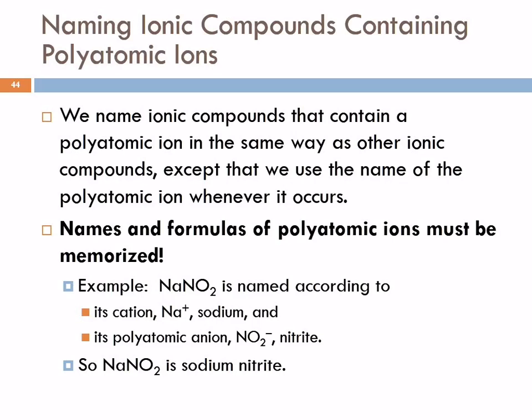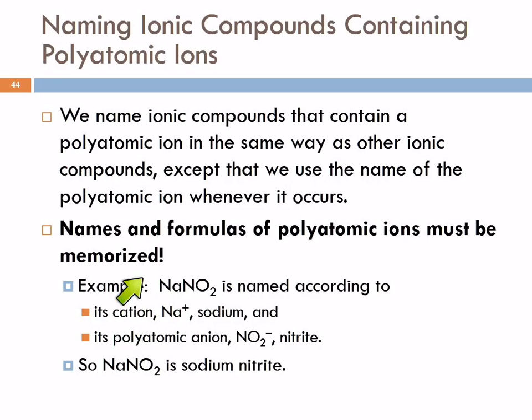So I'm not going to do anything with it. So we just have to memorize them. These are ions that are known to exist experimentally, and we had to call them something. And so we gave them names. And just like you memorize the names of your siblings or the names of your friends, we just have to memorize the names of these ions.